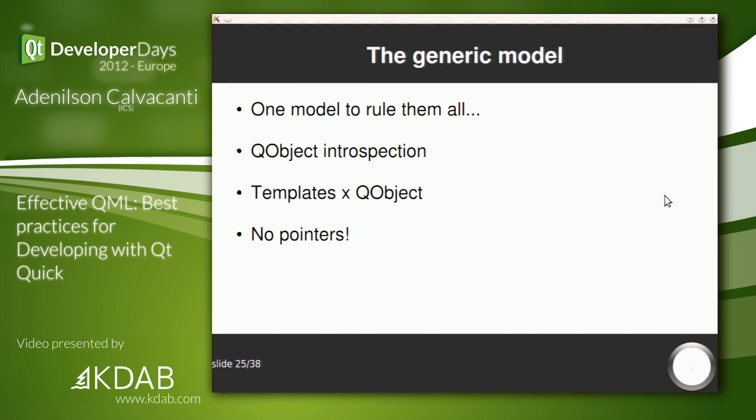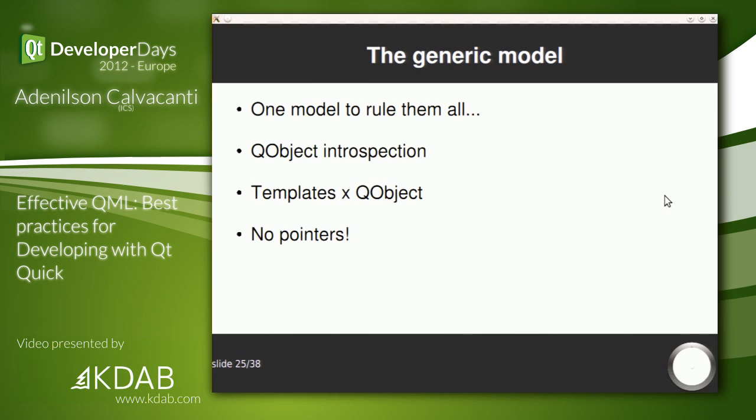There's something called templates in C++, so I could just have my list model have as a parameter the class type, and then you should be gold. You would not need pointers. Your generic model would work fine because at the time of compilation you could have access to the type of data, right? But there is another complication.